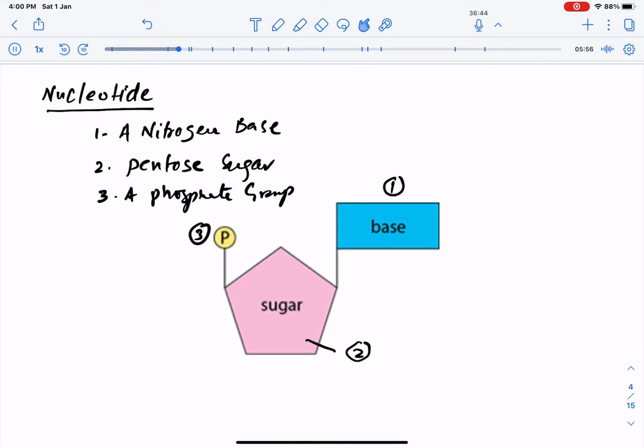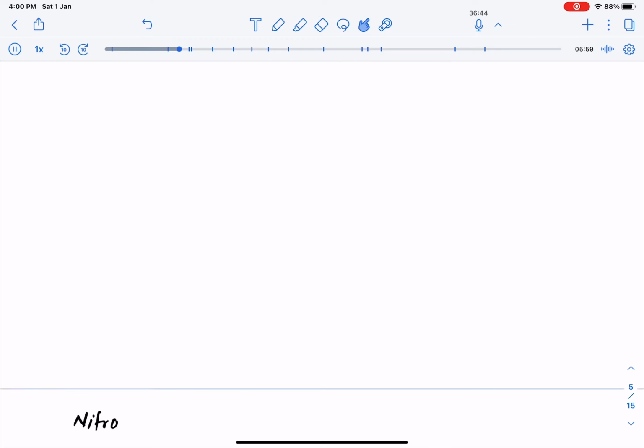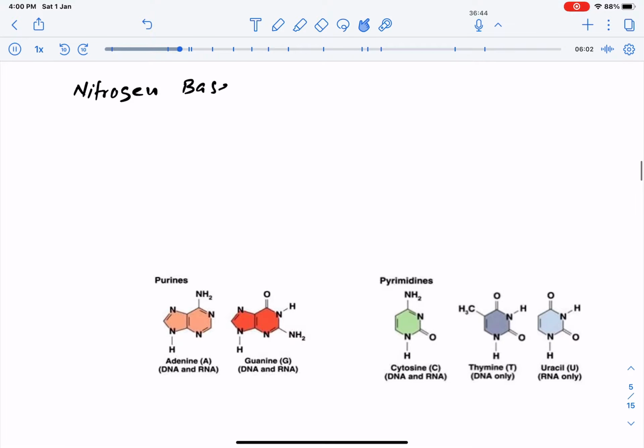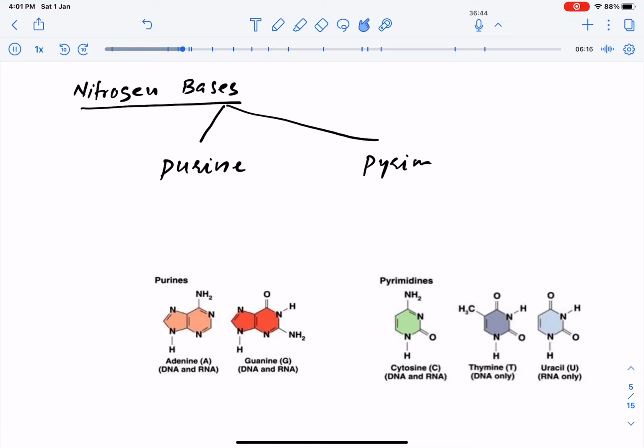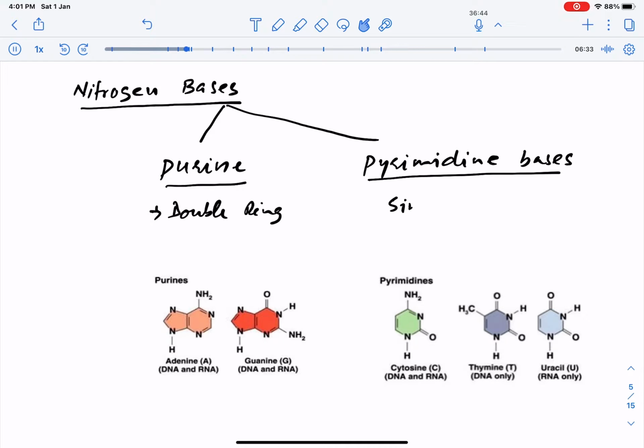There are two types of nitrogen bases. They can be classified into two groups. One are purine bases and the other are pyrimidine bases. Purine bases have a double ring structure and pyrimidine have a single ring structure.